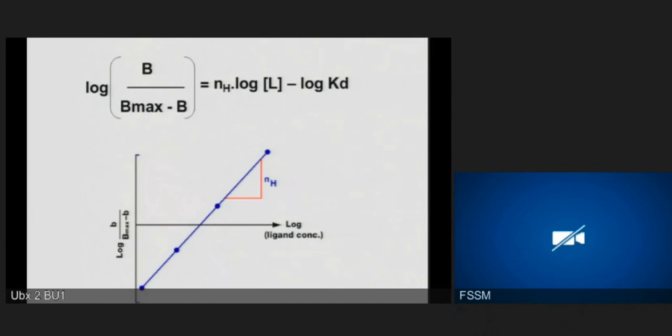And you can imagine that if they cooperate like this, they form dimers. You can imagine that the binding of one ligand will have modification on the other ligand. I don't know if you have the representation.